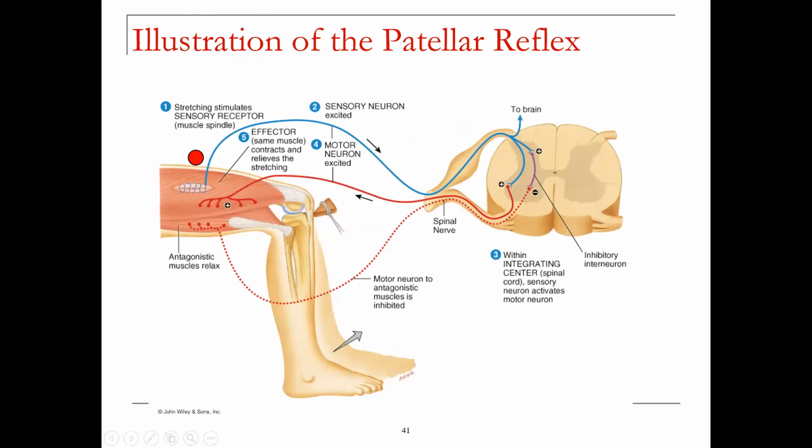And this is how it works. There's the mallet. We hit the patellar tendon right there. That causes the tendon to stretch. That makes the Golgi apparatus think that the muscle is stretching, and that makes the muscle spindle think that the muscle is stretching, and it will cause the muscle to contract, and so the leg kicks out.